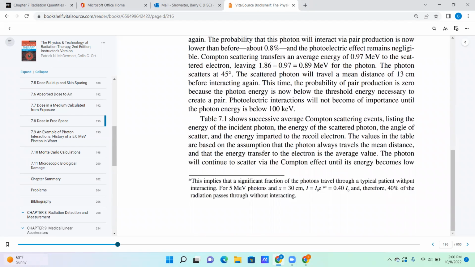So we'll look at table 7.1, which shows successive average Compton scattering events, listing the energy of the incident photon, the energy of the scattered photon, the angle of scatter, and the energy imparted to the recoil electron. So let's take a quick look at it.